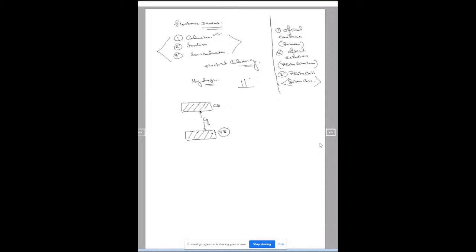But in quantum mechanics, it is not possible to precisely tell the position of a particle, right? What we can calculate is the probability of finding a particle.